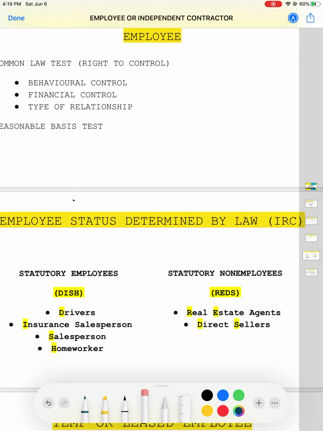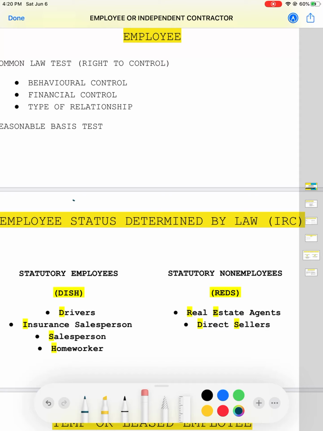Meaning that some workers who would be considered independent contractors under the common law test and the reasonable basis test are nevertheless considered statutory employees for certain purposes under the IRC. And some workers who would be considered employees under the common law or reasonable basis tests will be treated as statutory non-employees under the Internal Revenue Code.